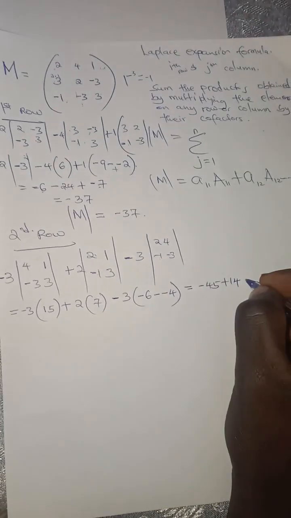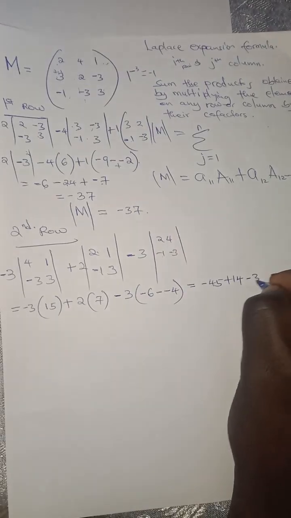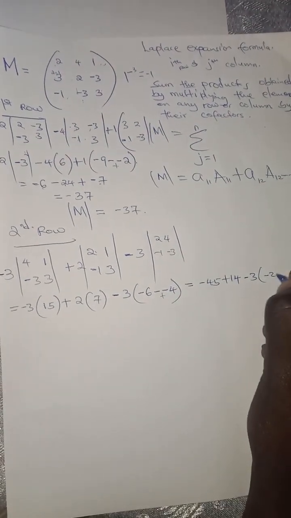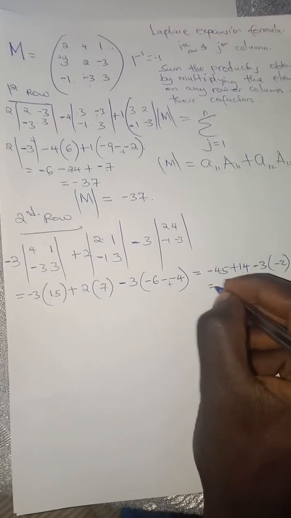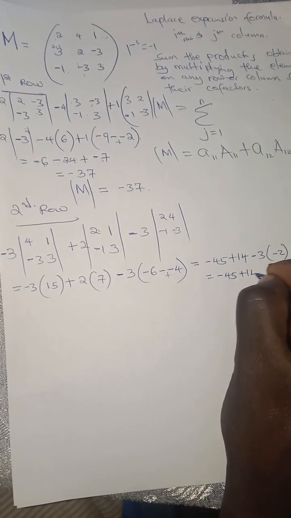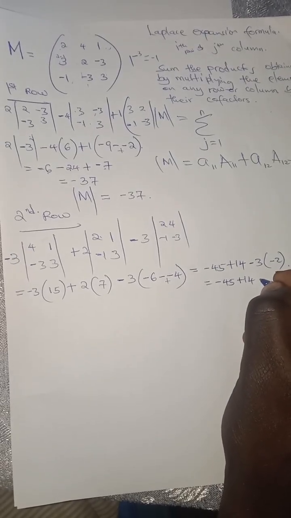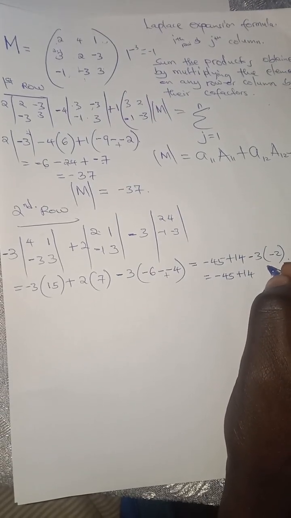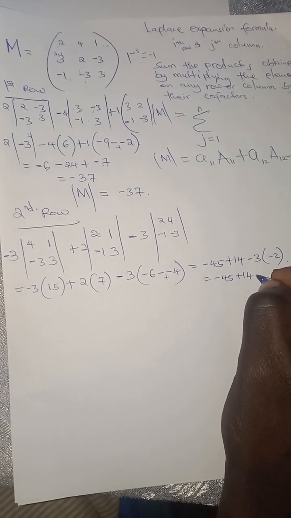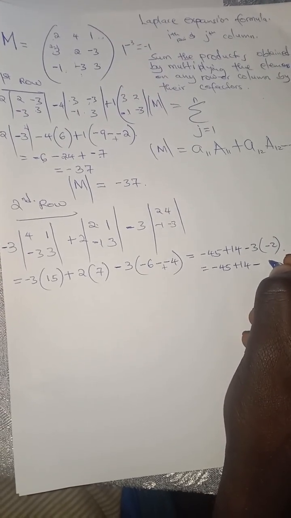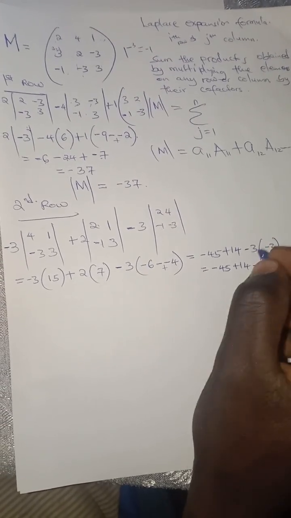Then we'll be having negative 45 plus 14. Then negative 3 into this one, which will be a plus. That is negative 2. Then we'll be having negative 45 plus 14, then that one will be minus 6. Why?